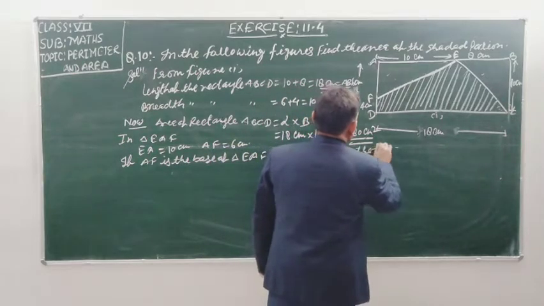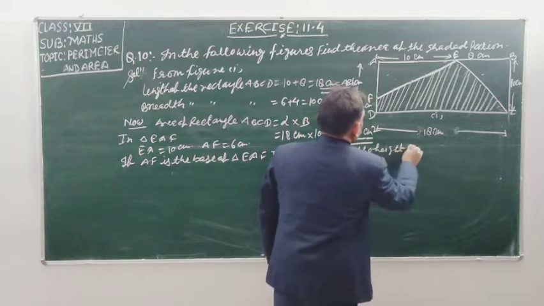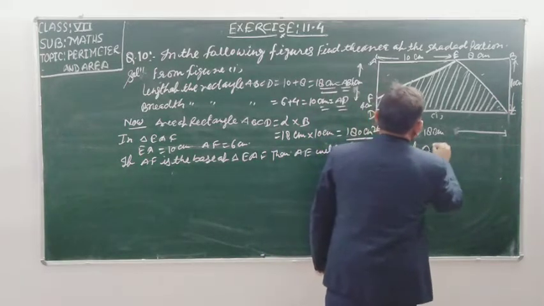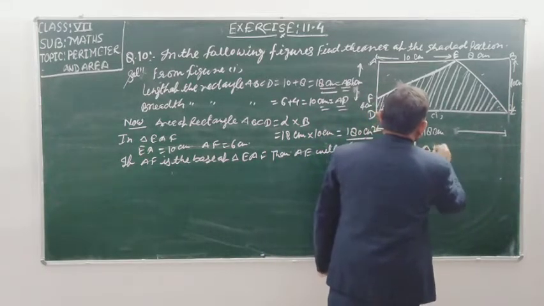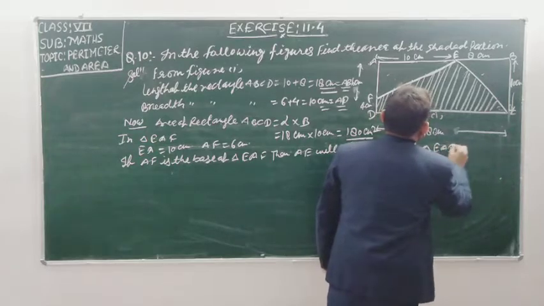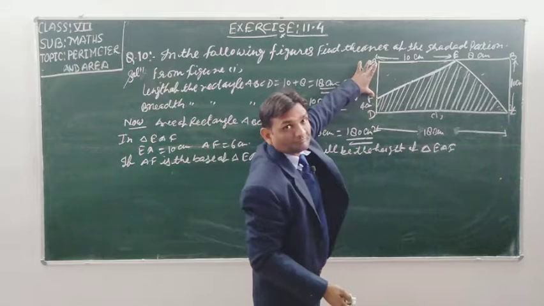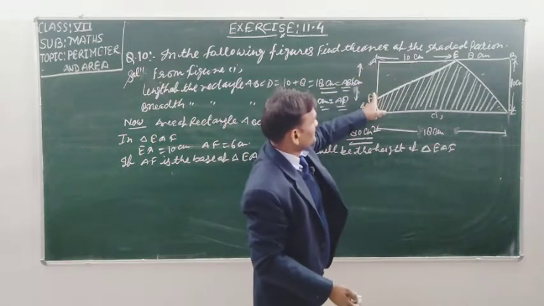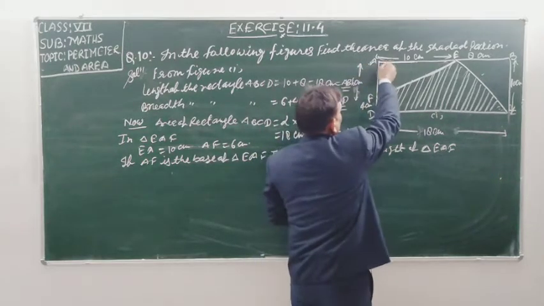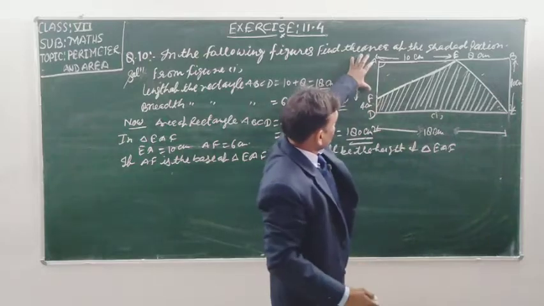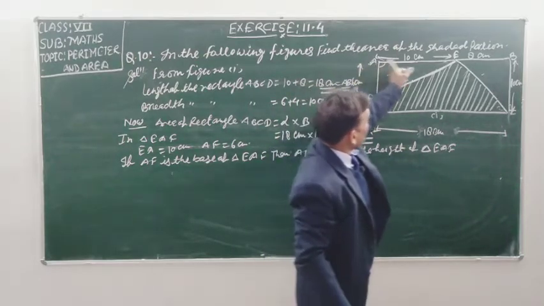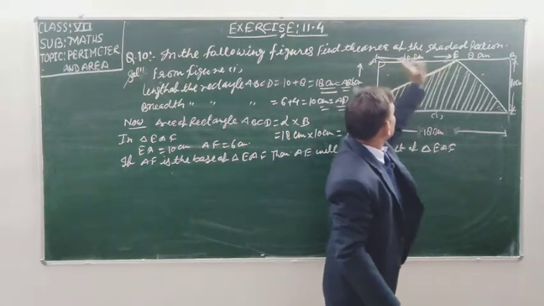the height of triangle EAF. If we take this as the base of the triangle, it is a 90 degree angle. If AF is the base, then the height of the triangle is AE.